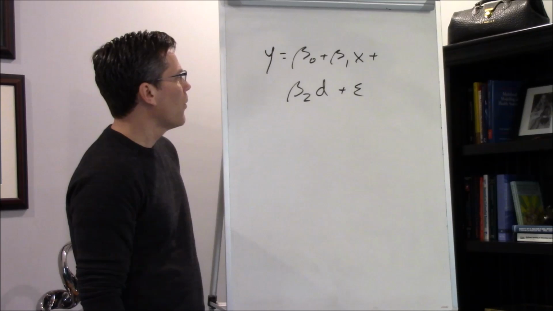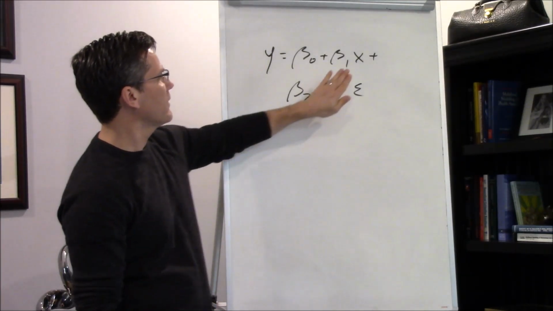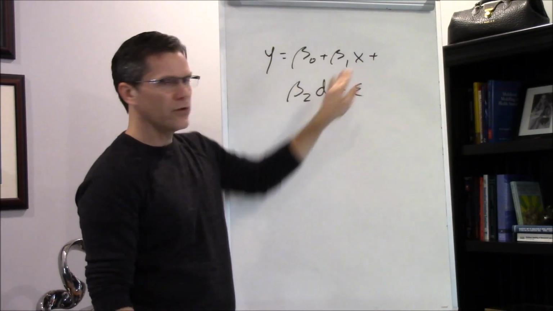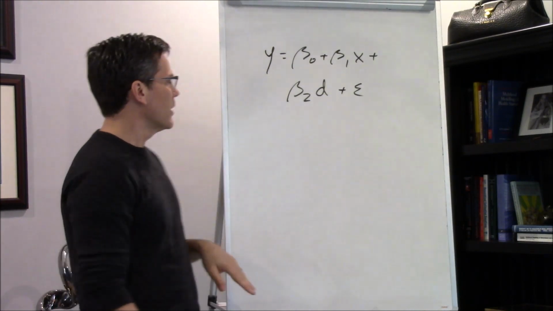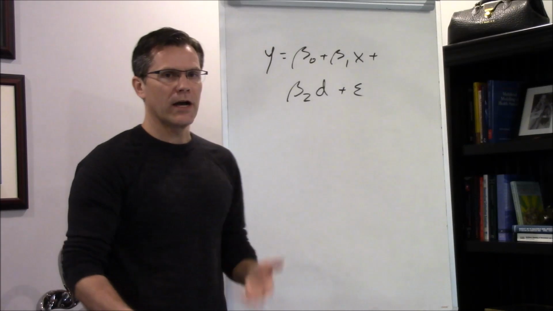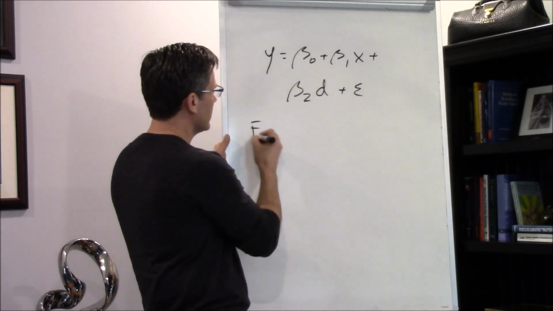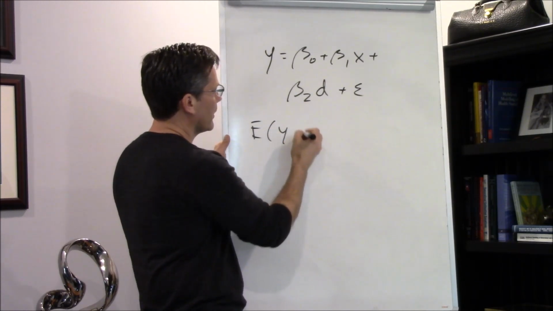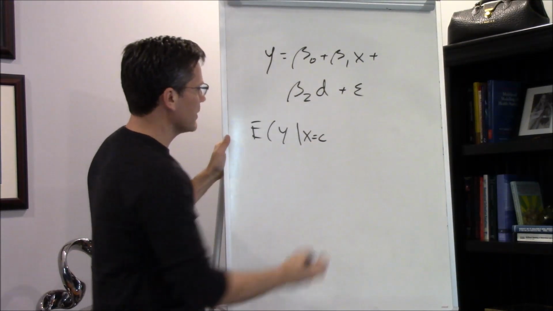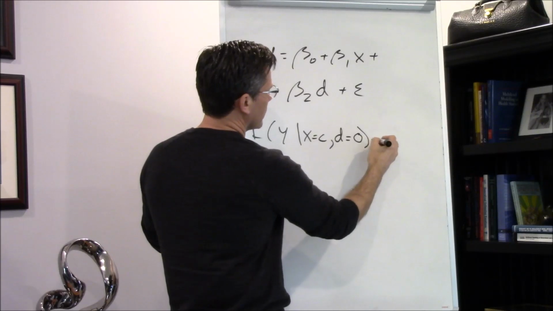And if we think about what that model implies, it implies that there's some effect of x holding constant D, and there's some effect of D holding constant x, right? And so we say, well, what's our expected value of y for each of these two groups? Well, we can say, all right, the expected value of y holding x at some constant value, we'll say c, and setting D to 0, our reference group, right?